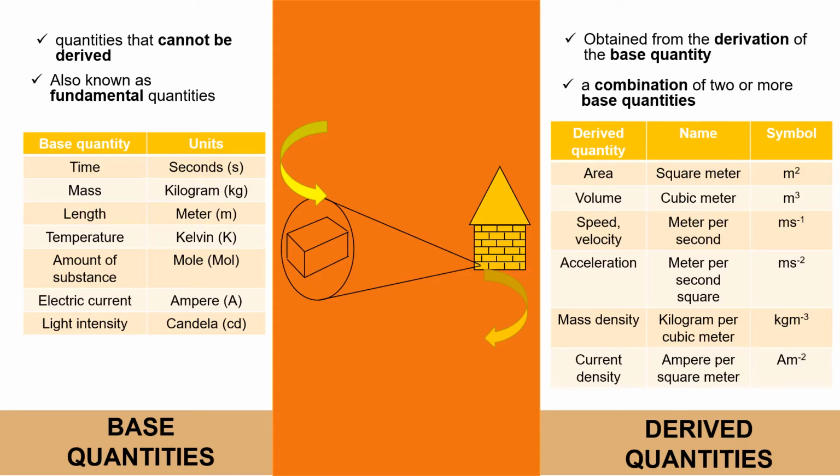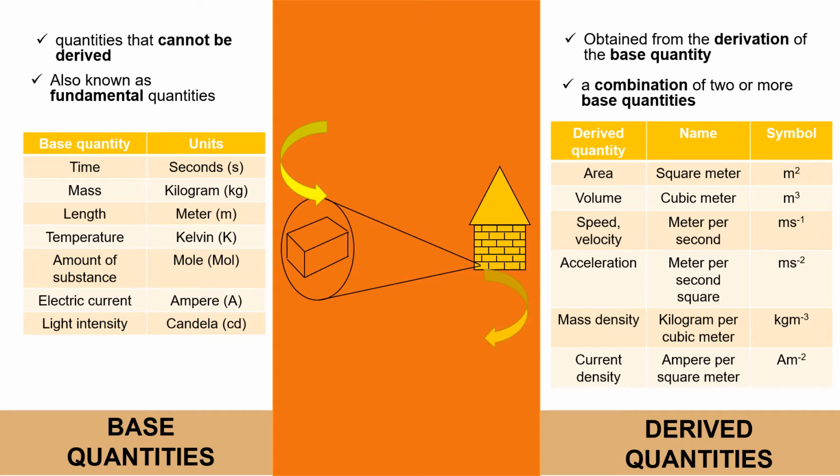Next is about the base quantity and derived quantity. In physical quantity, we can have base quantity and also derived quantity. The base quantity is the original one and cannot be derived.